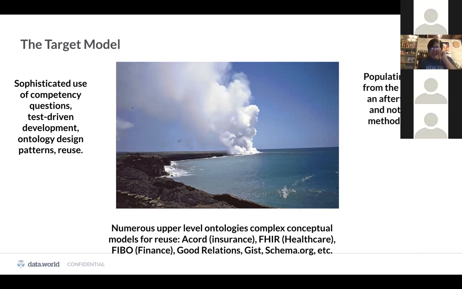And then what happens is that creating this target model, creating your global schema, your target ontology, there are all these methodologies that help you create them. But actually, the thought of populating the target from the source is an afterthought, and it's not part of the methodologies.